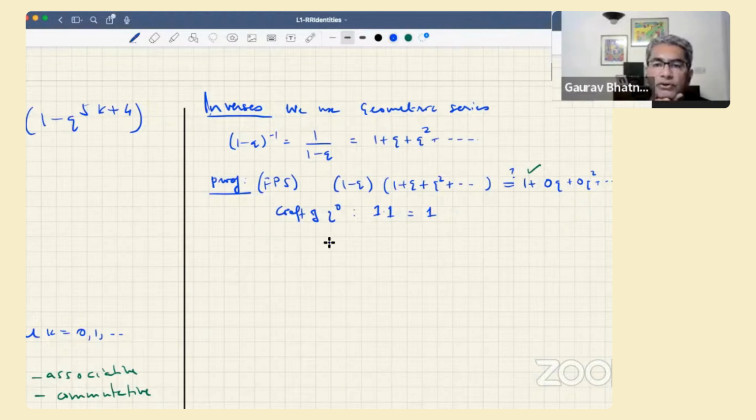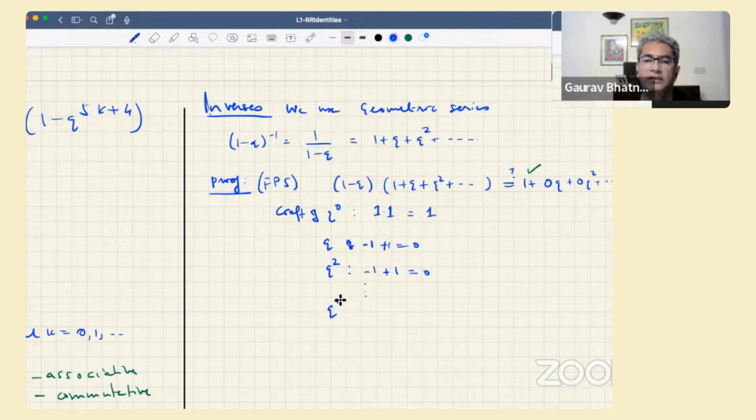Then the coefficient of q. You have this term 1 multiplying with q, so it's minus 1, and this q multiplying with this one, so you get plus 1, which gives 0. And similarly for q squared, to get q squared, you multiply this by this, and you multiply this by this. So once again, it's minus 1 plus 1, which is 0, and so on.